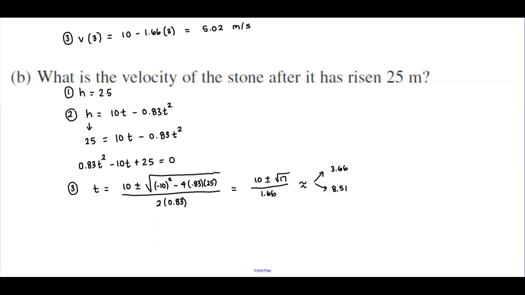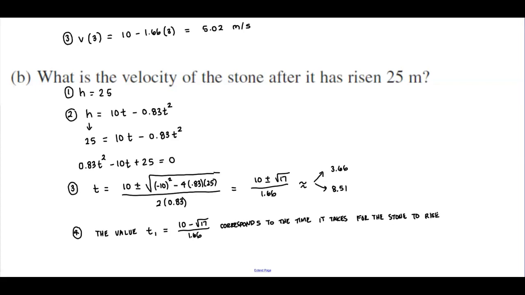So what does this tell us? Well, what this tells us is that the value of time 1, which is equal to 10 minus the square root of 17 over 1.66, corresponds to the time it takes for the stone to rise 25 meters.